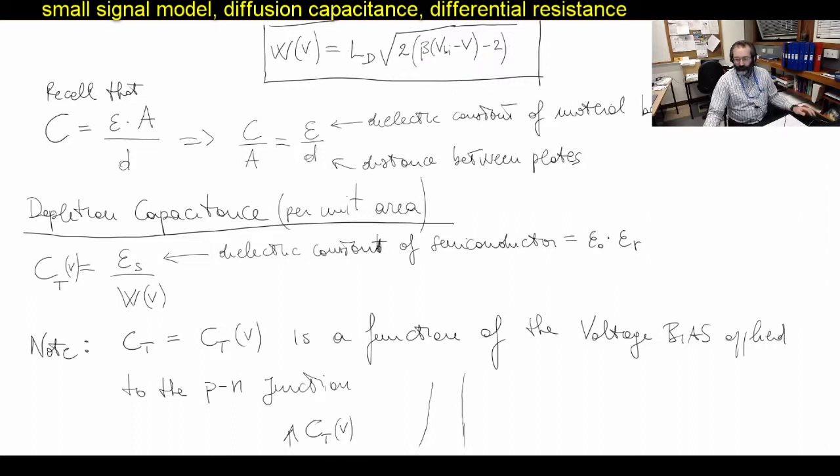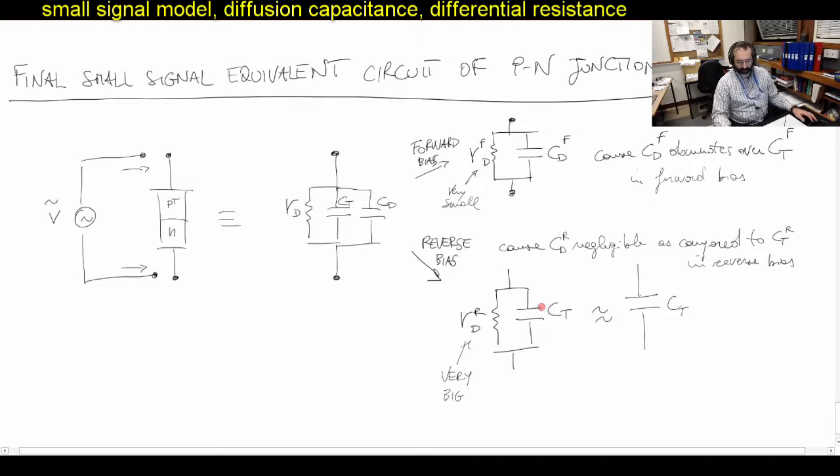So that's why the depletion capacitance is important in the reverse regime. Because the differential resistance is extremely big, we could in most cases neglect that. So in most cases, in reverse bias, the small signal model of the PN junction is actually just the depletion capacitance. As simple as that.